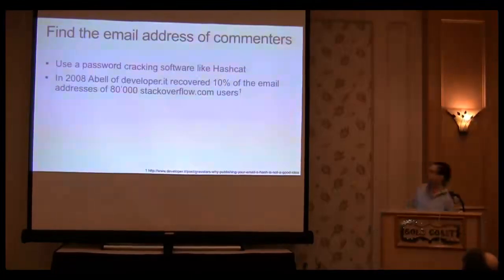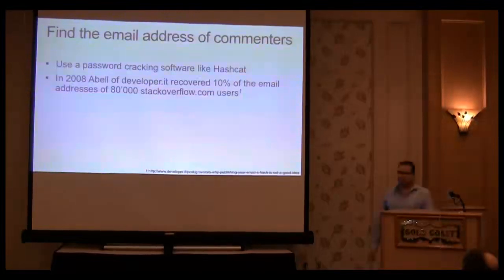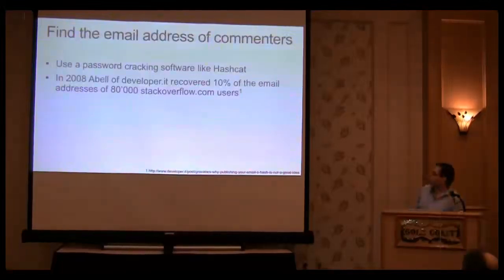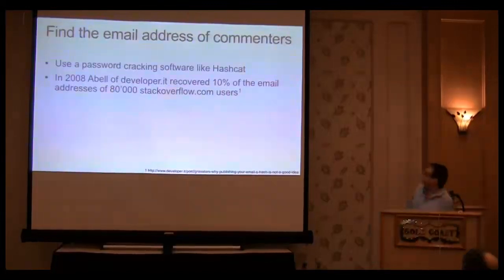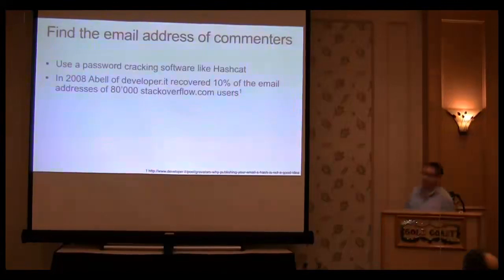Already in 2008, a guy called Abel tried to break the hashes on Stack Overflow. He scraped Stack Overflow for 80,000 hashes of users' email addresses with their usernames too. And he used this information to find 10% of the emails.